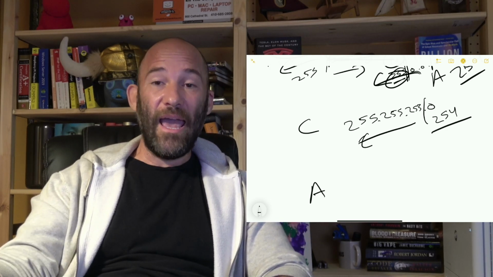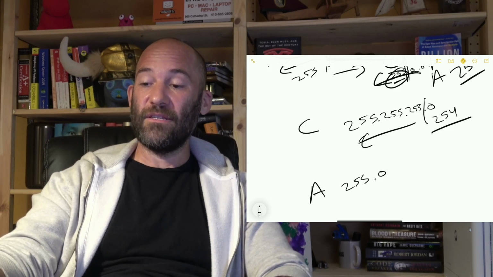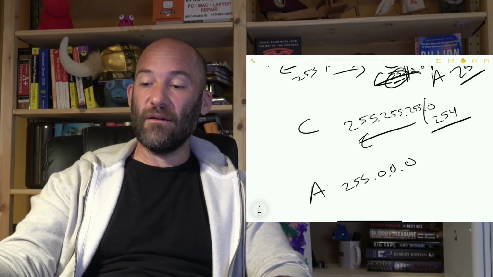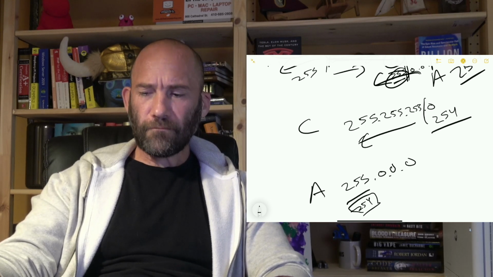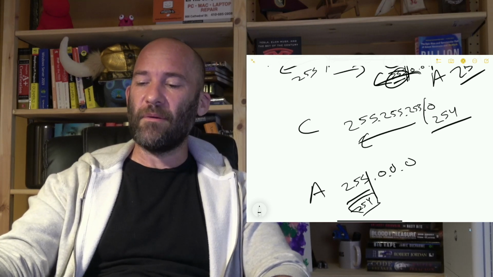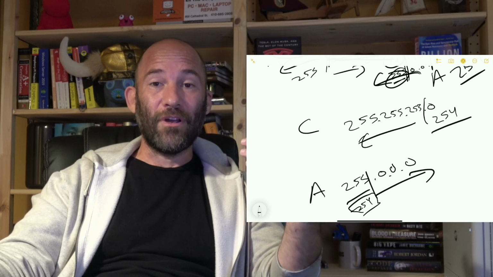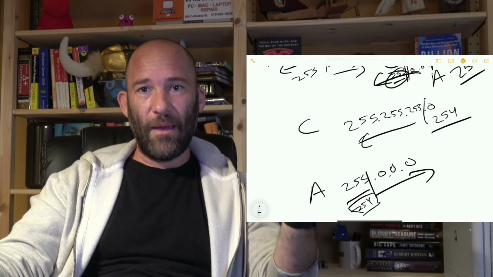A class A subnet, on the other hand, 255.0.0.0, this then gives you only 254 possible network addresses. I think it's 254, something like that, 256 maybe. But then it gives you a huge number of IP addresses that you can use on that particular network.